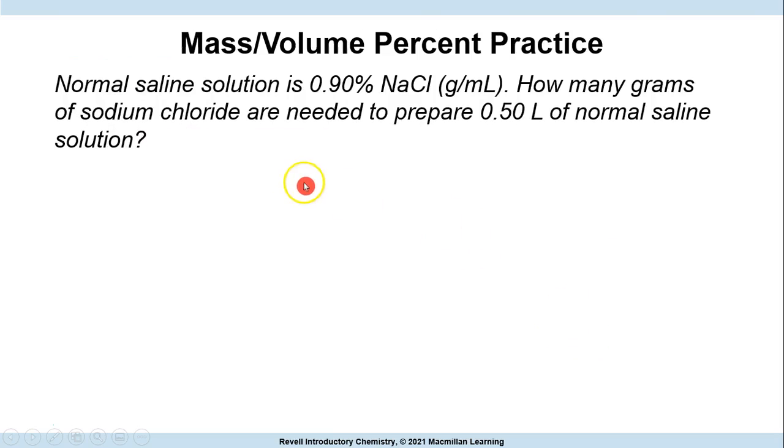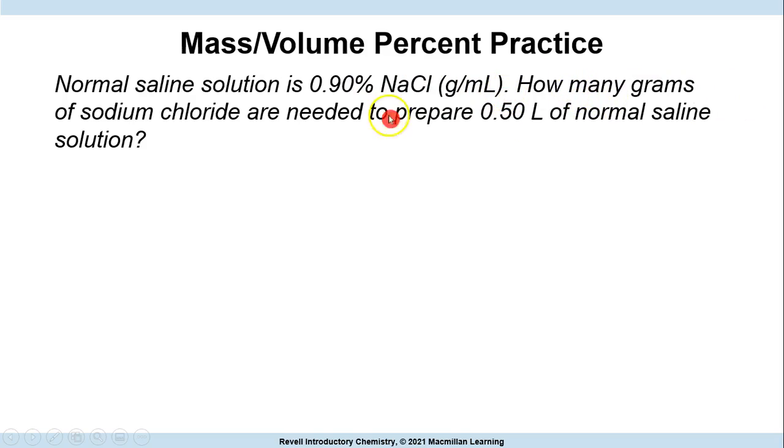Now let's look at an example here. Normal saline solution is 0.90% sodium chloride with a unit of gram per milliliter. How many grams of sodium chloride are needed to prepare 0.50 liters of normal saline solution? So we know that the normal saline solution contains 0.90% sodium chloride in 100 milliliters.